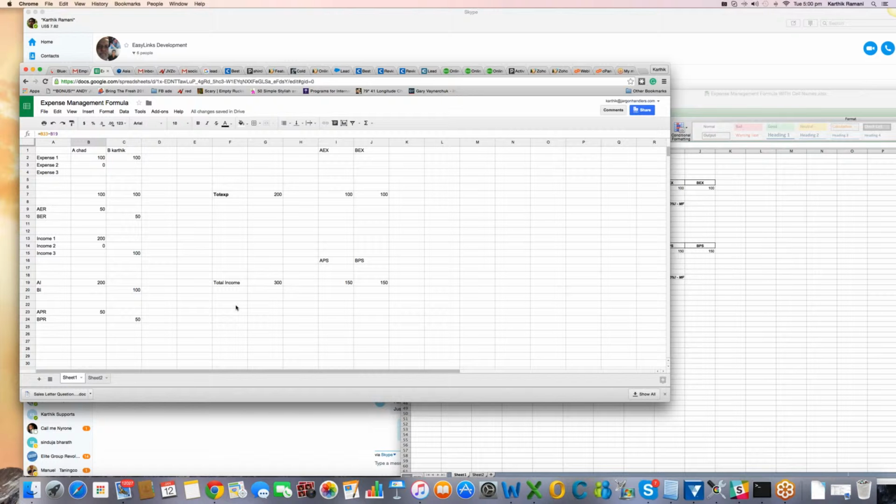Simple numbers: you have 100 and 100 and zero there, and that makes 100 and 100 and 100 and 100. Okay, so far so good. 200 on expenses and then 50-50 split. Yes, income one, 200, and you have an income. Just delete that one there.